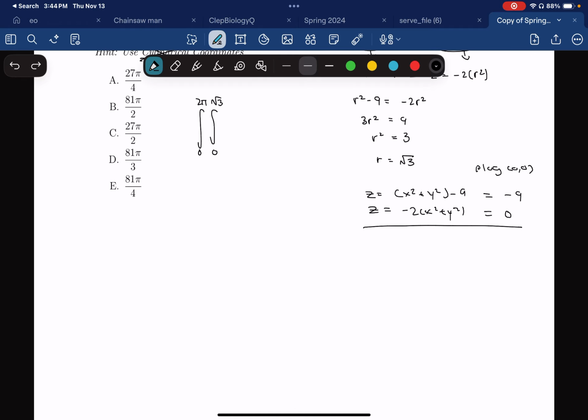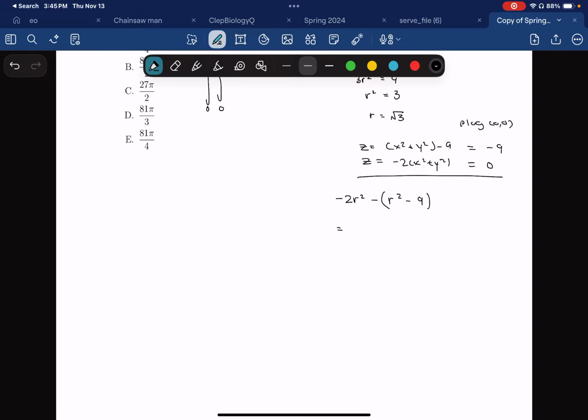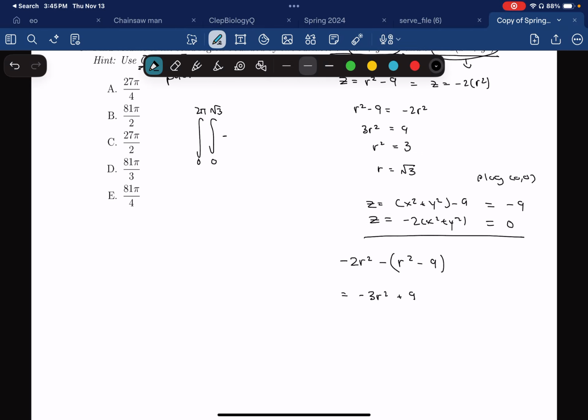So we would evaluate it by going negative 2 r squared minus r squared minus 9, which in this case would get us negative 3 r squared plus 9. Okay, so now we have our bounds, negative 3 r squared plus 9 r, oops, let me write that, r dr d theta.